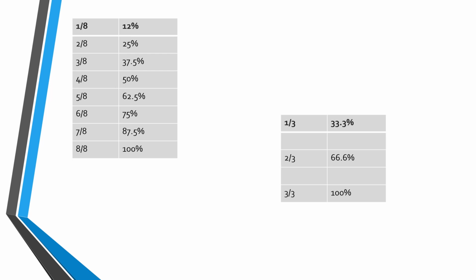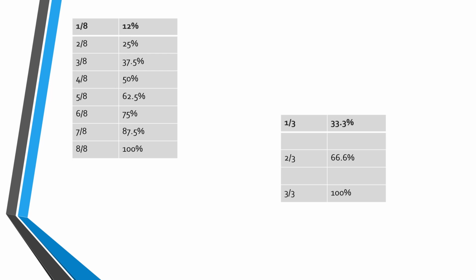Well, if you take 1/8 of something, that's basically 12.5%. 2/8 is a quarter, or 25%. 3/8 is 37.5%. 4/8, half, 50%. 5/8 is 62.5%. 6/8 is 3/4, 75%. 7/8 is 87.5%. And of course, 8/8 is 1, or 100%.